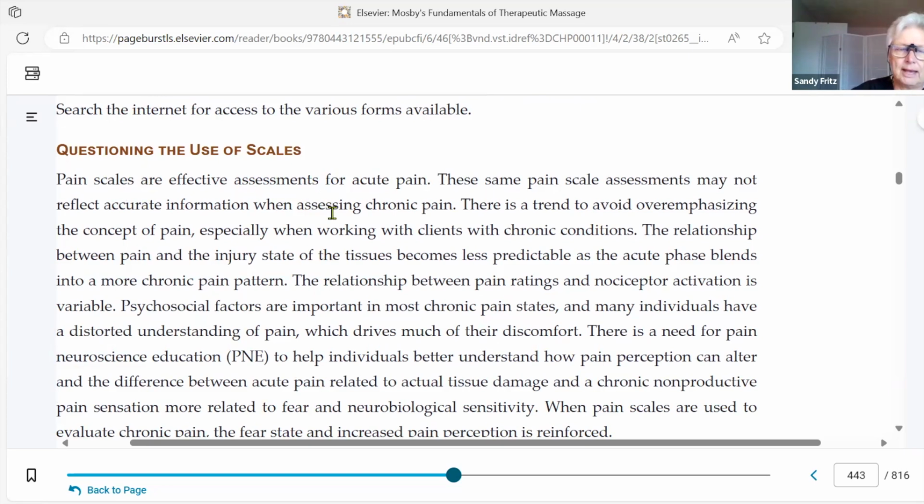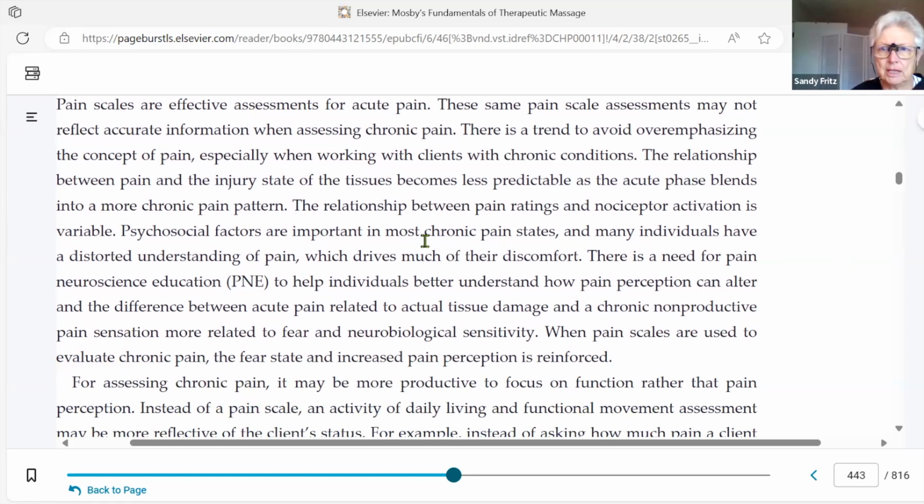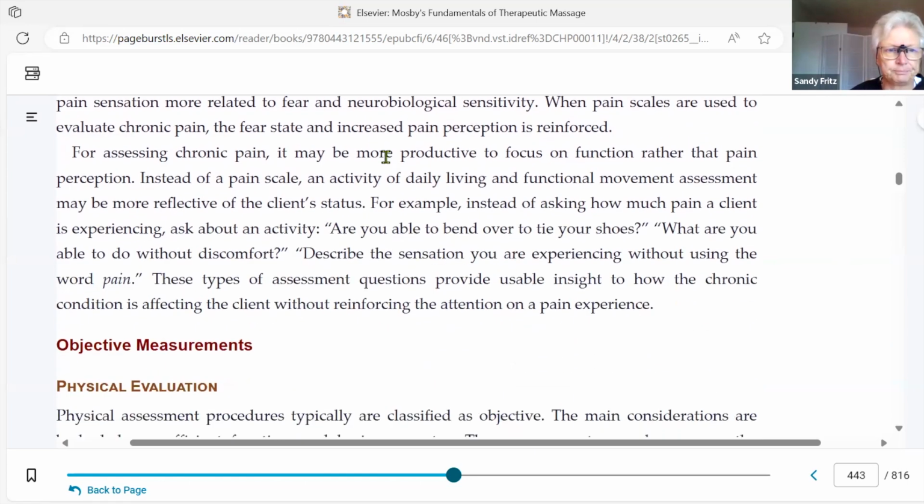They may not be as accurate for chronic pain, because chronic pain has moved away from the initial value of pain. So pain is protective, but chronic pain has kind of gone rogue, and it's not protective anymore, especially in an acute illness or an acute injury.